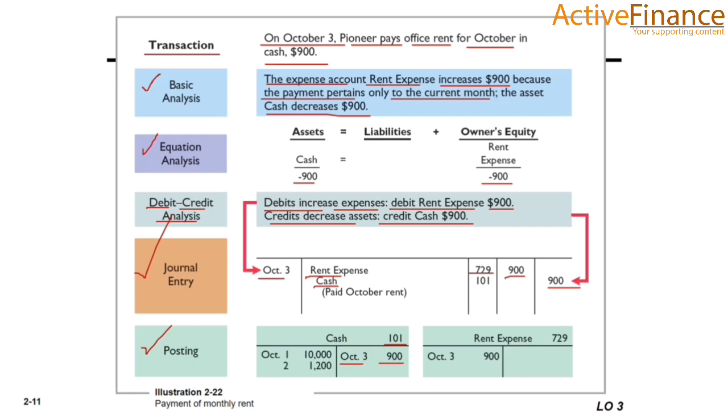That's why we will record on the credit side, and we will open a new account titled rent expenses, and this is the account number, and if the expenses increased, they will be recorded on the debit side, as we learned in the debit and credit rule. So this is the fourth transaction that we did.